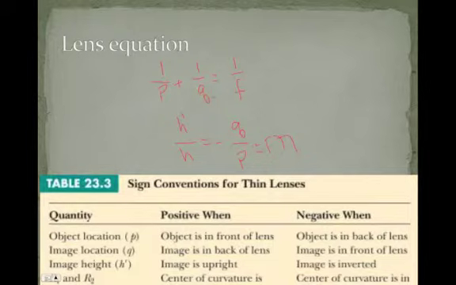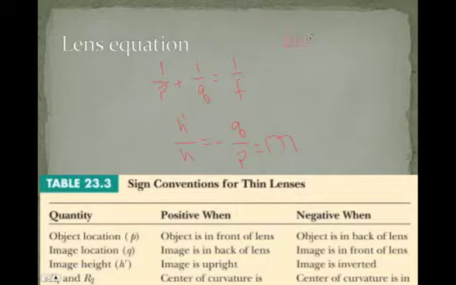Now, a couple things to remember though. Object location is going to be positive when it's in front of the lens, negative on the other side. Image location is positive on the other side of the lens, negative when it's on the same side as the object. Height H' is positive when it's upright, negative when it's inverted, and the focus is the other thing.